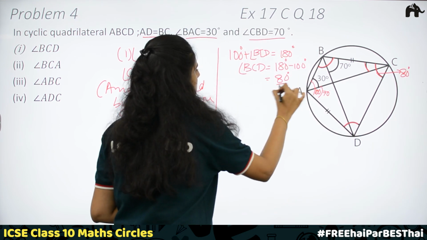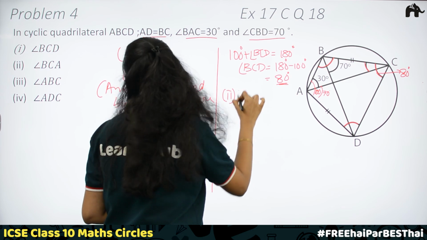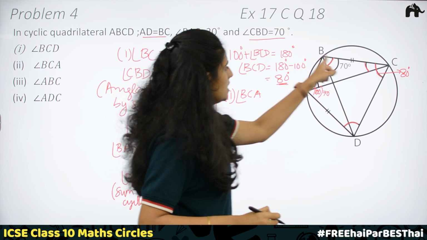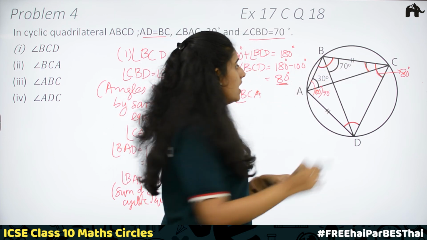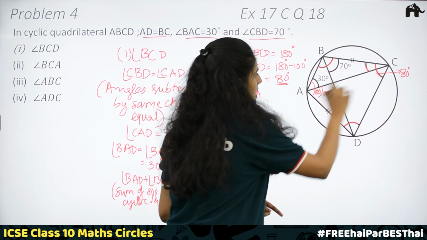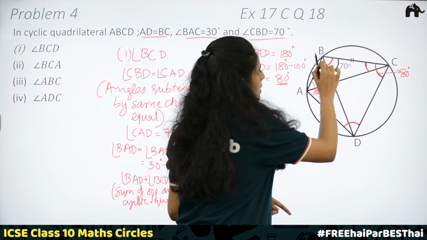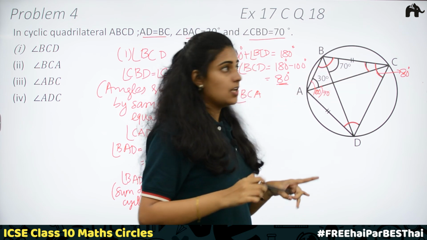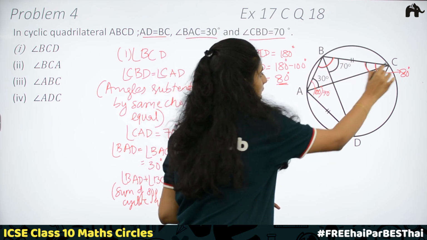Okay. Now, the second question: we need to find angle BCA. This is BCA. We know the big angle BCD. So, on subtracting ACD from BCD, we will be getting this angle BCA. For that, we have to first find ACD.